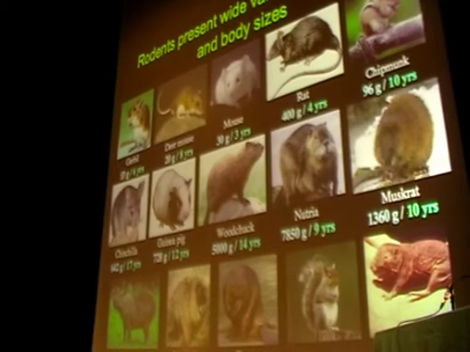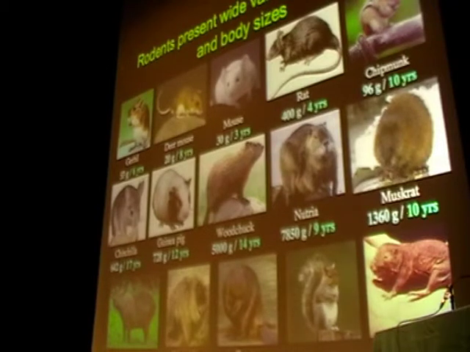My laboratory focuses primarily on the rodent clade, and the reason we really like rodents is that it seems this clade is ideally suited for comparative aging studies. The reason is that within this group we have species ranging from rather short-lived to quite long-lived.